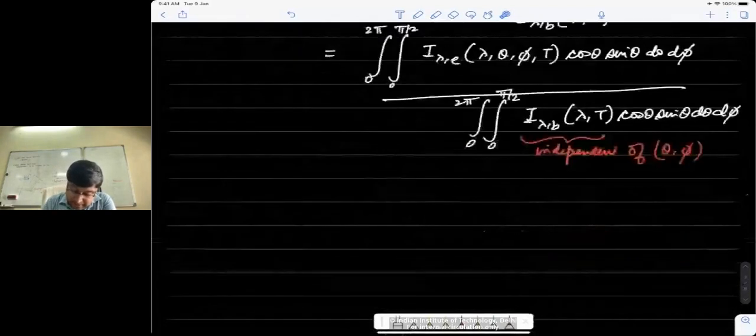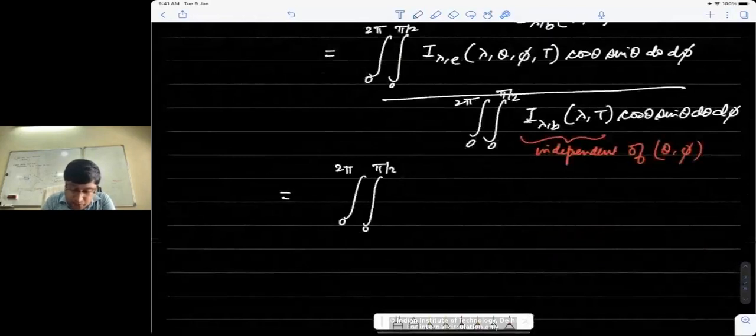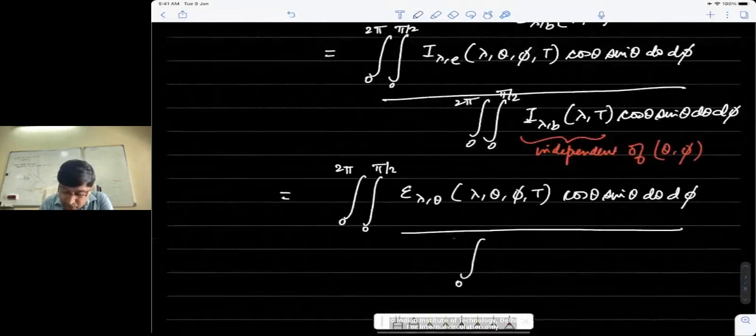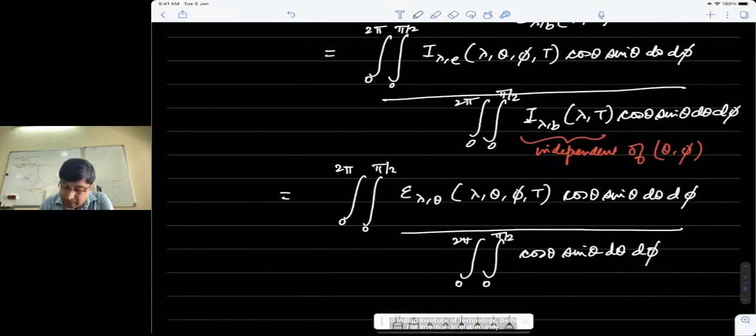So the next step would be to write this as integral 0 to 2 pi, 0 to pi by 2 of epsilon lambda theta phi t, cosine theta, sine theta, d phi, and the denominator would be 0 to 2 pi, 0 to pi by 2 cosine theta, sine theta, d phi.